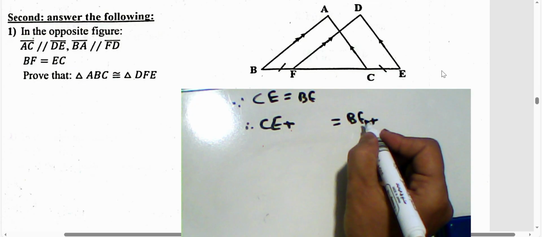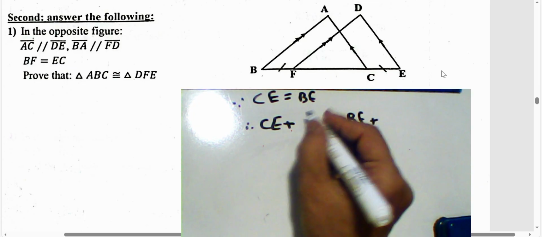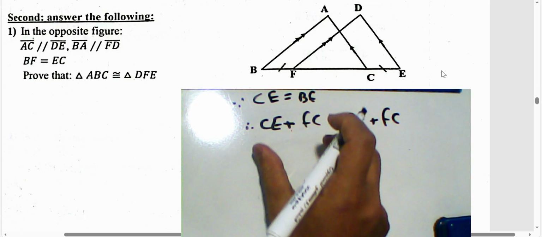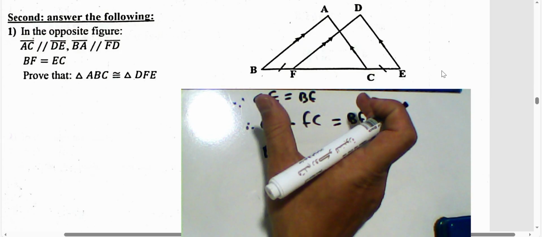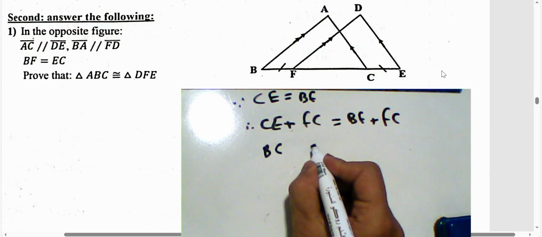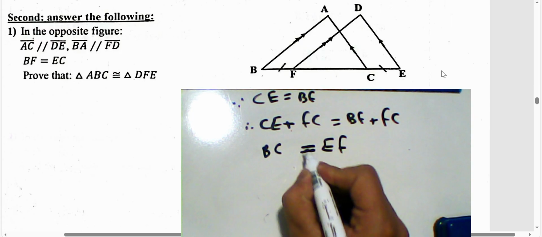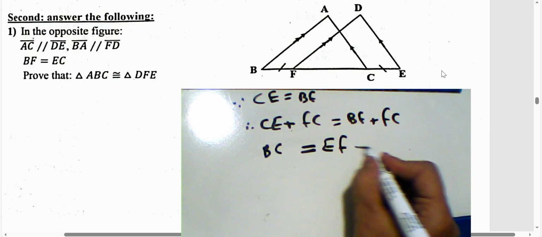We can add the same line segment FC. If we add them together, then the first side length BC is equivalent to EF. They are equivalent. It's the first condition.